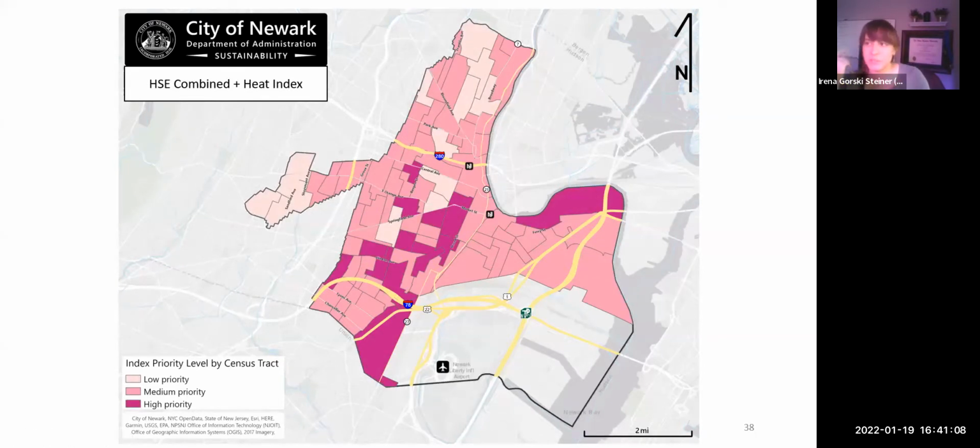Now when we take into account climate impacts, here is that combined, all 3 indices combined plus heat. So remember that map of land surface temperature, that is layered on top here by census tract. And once again, very similar census tracts highlighted.